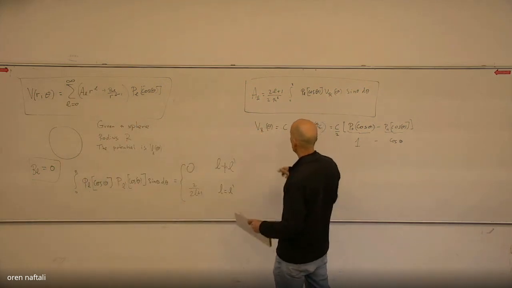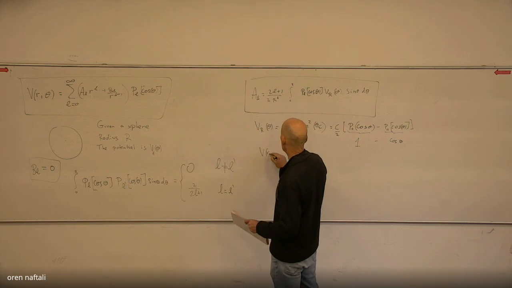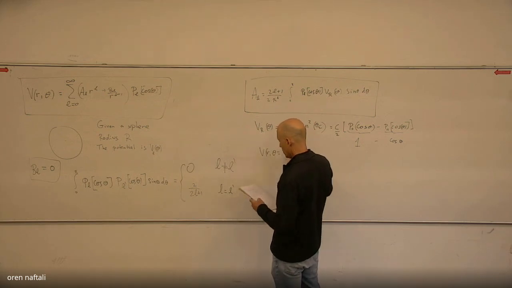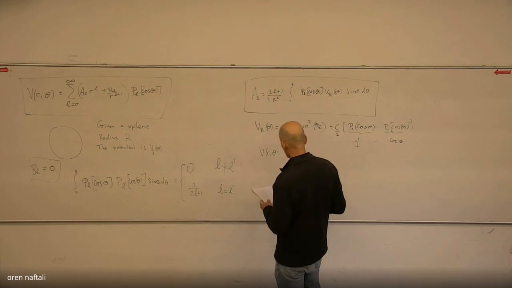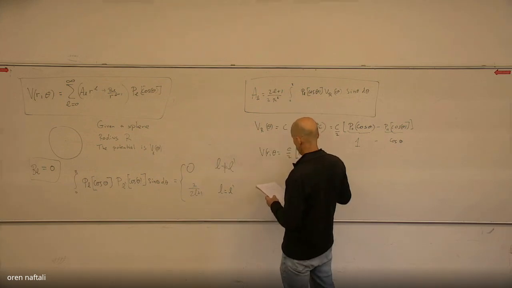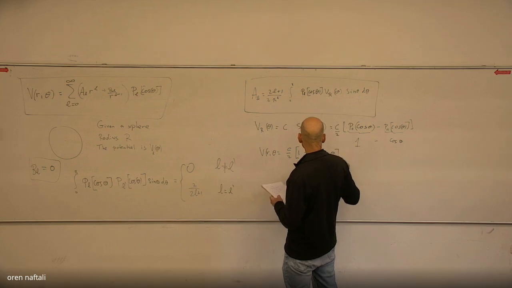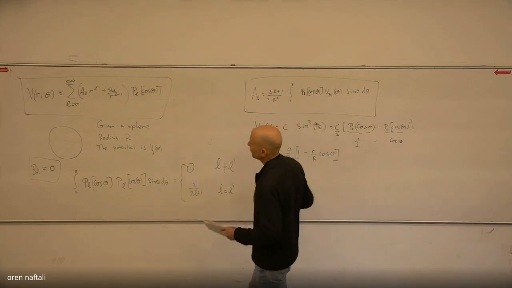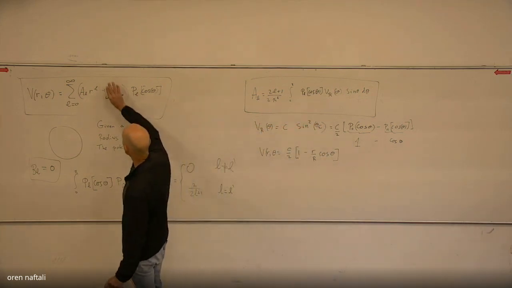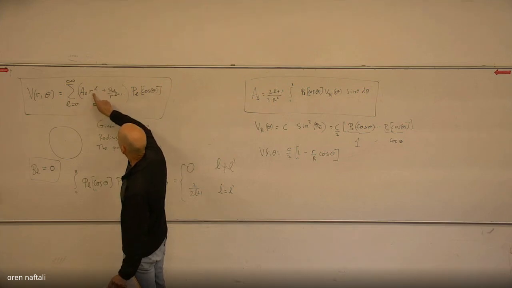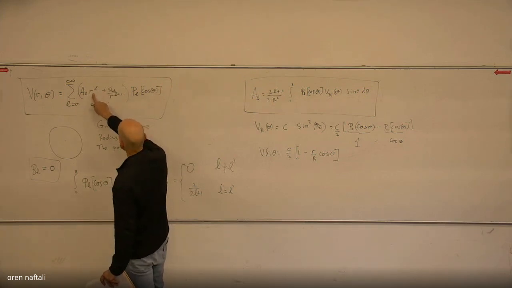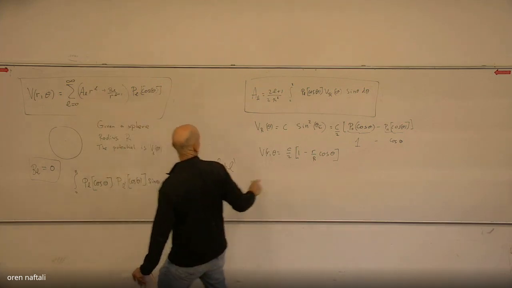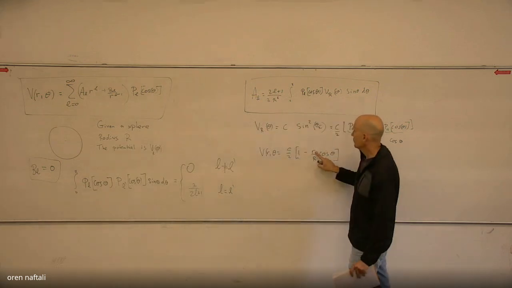And this gives you V(r, theta) equals C over 2 times (1 minus r over R cosine theta). This one gives you r, the small r, here.